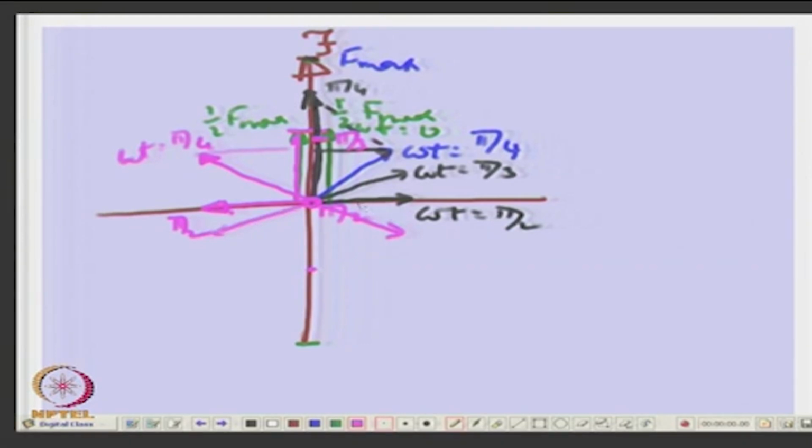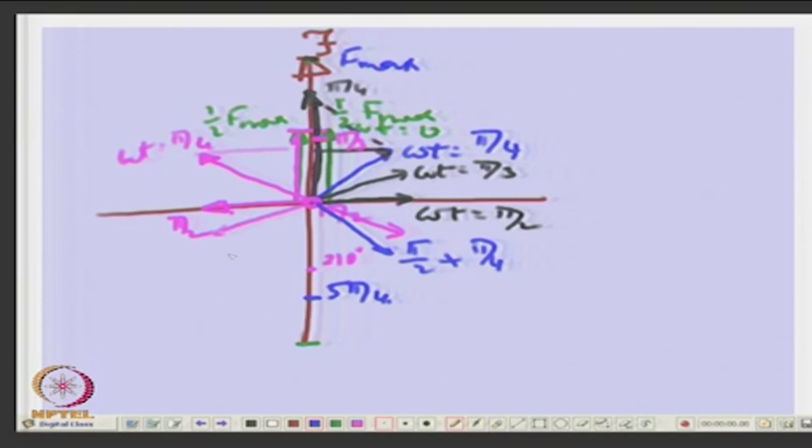So, it will be 210 degrees, 180 plus 30, and here again you can resolve the same thing to 45 degrees. So, it will be pi by 2 plus pi by 4, this will be 5 pi by 4. So, it will have a mirror reflection of this. This will be pi by 4 here, then pi by 2 here.